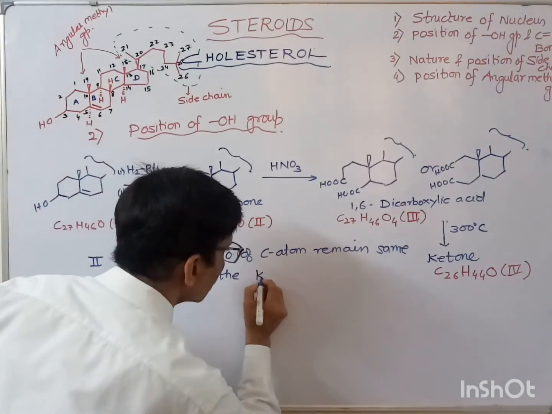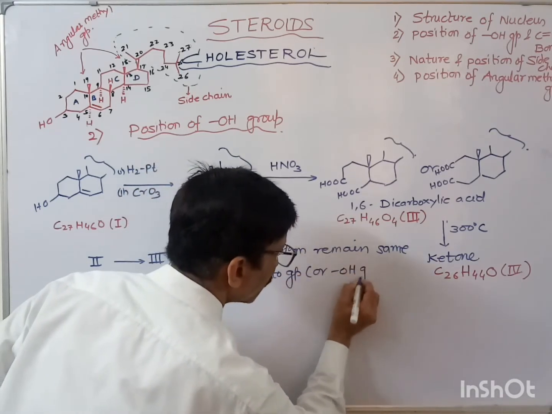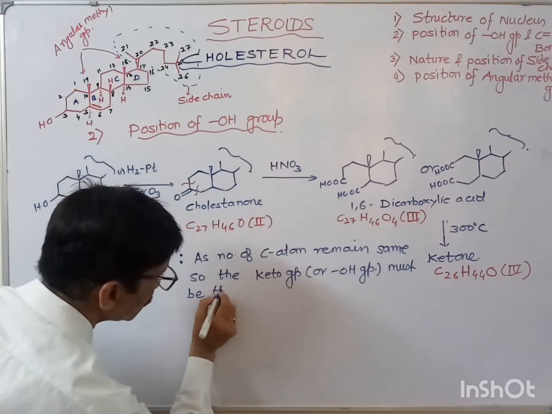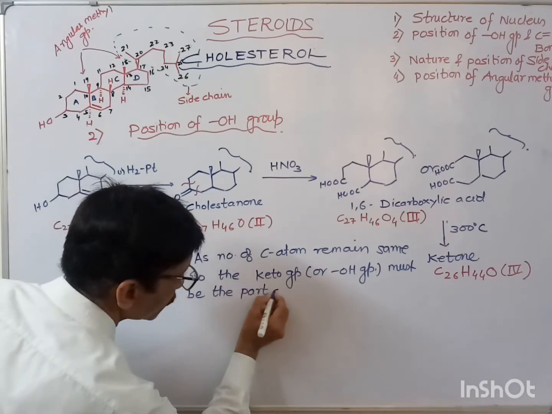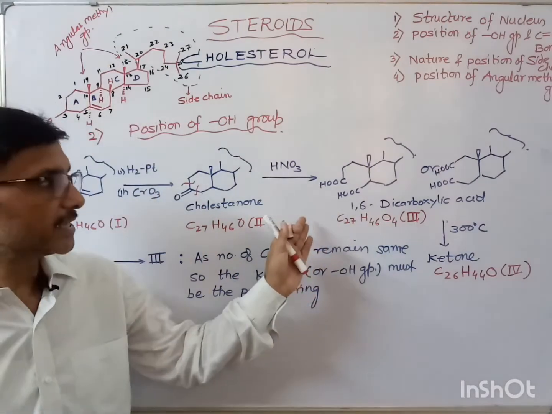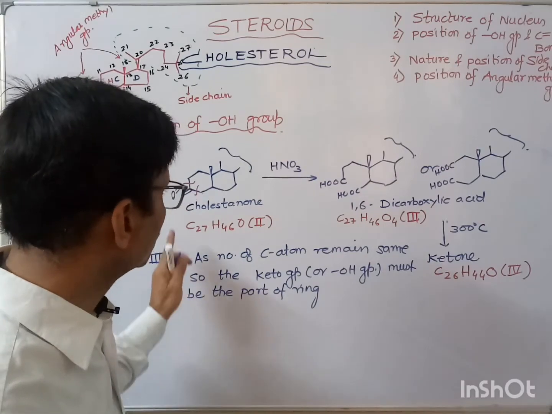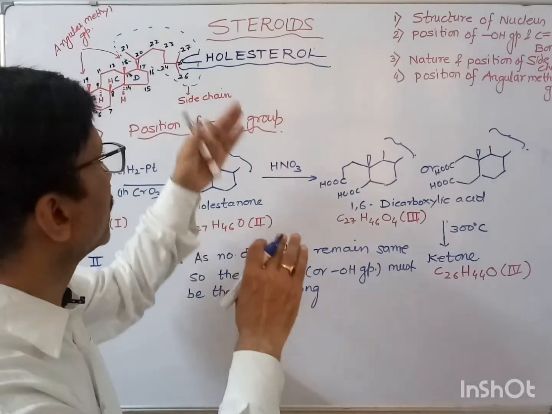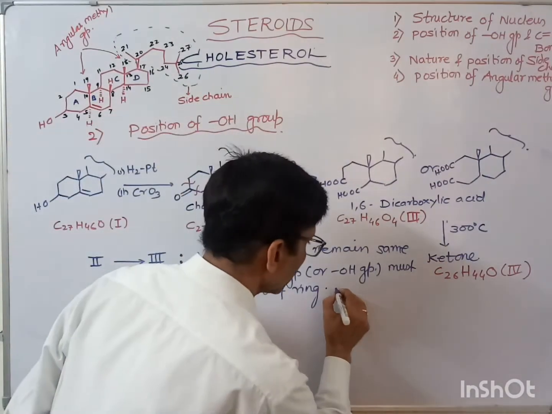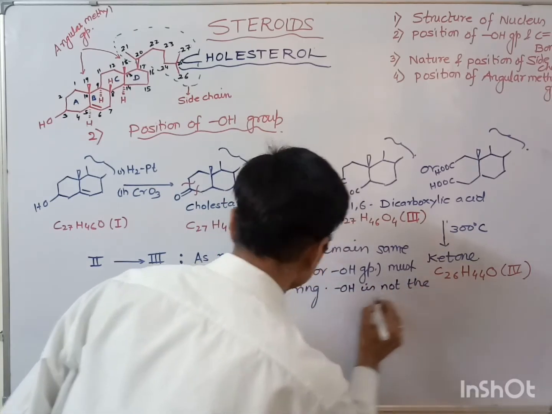So the keto group or OH group must be part of the ring. As this dicarboxylic acid contains the same number of carbon atoms, the keto group should be part of the ring. It should not be part of the side chain. So OH is not part of the side chain.